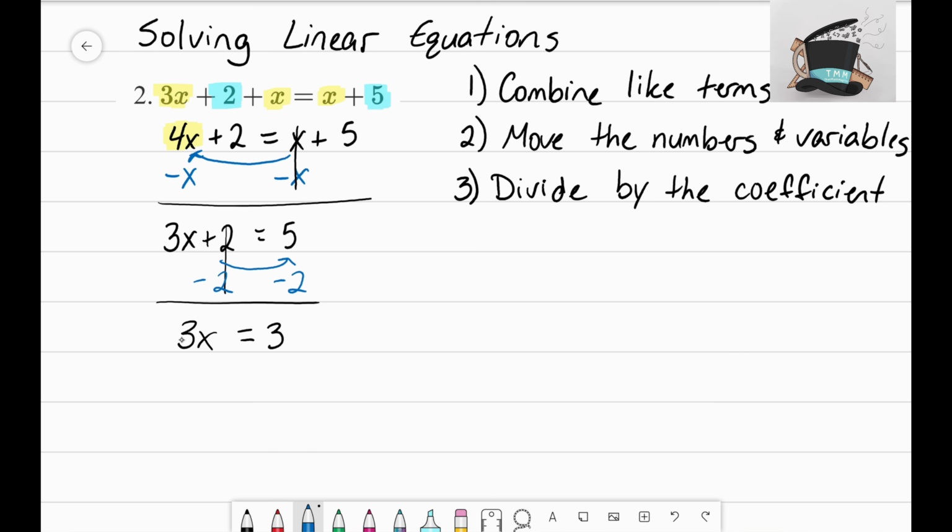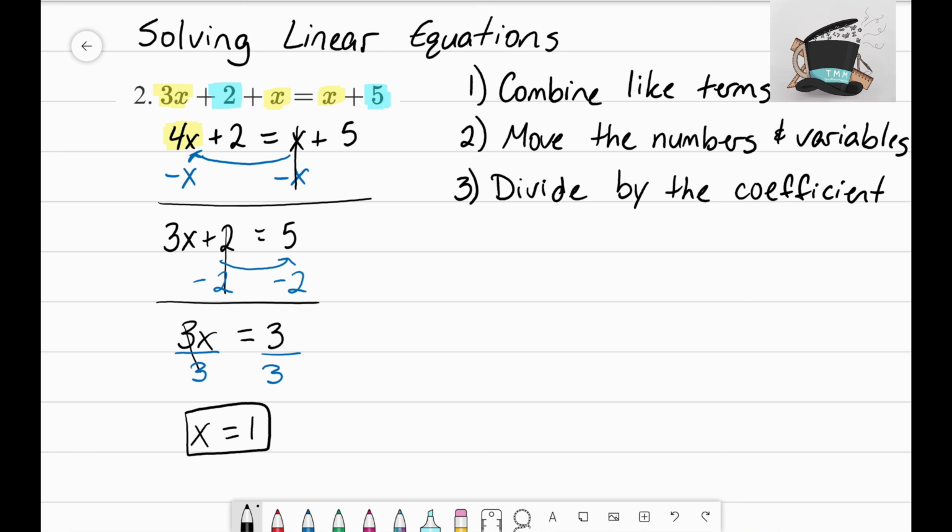Well, since the 3 is multiplying the x, this is 3 times x, in order to undo multiplication, I want to divide both sides by 3. And if I divide both sides by 3, 3 divided by 3 just becomes 1. And so I'm just left with x equals, and 3 divided by 3 makes 1. So x equals 1.